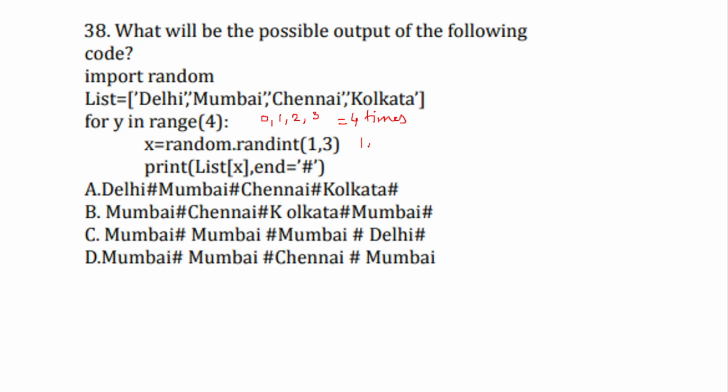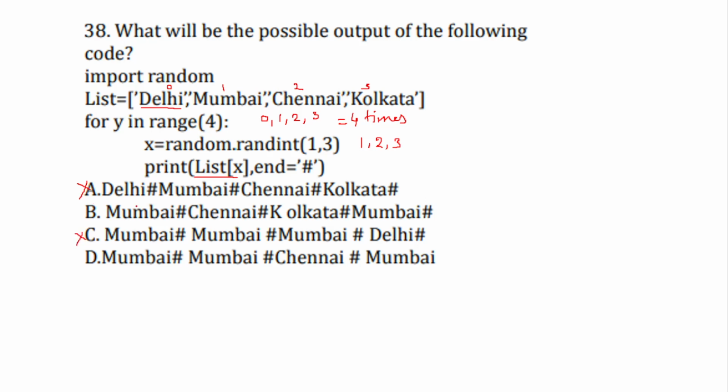So x will be taking the values 1, 2 and 3. And again, because the list is going to be printed, we will take the values as 0, 1, 2 and 3. So we can see that Delhi cannot come. Since Delhi cannot come, option number A is rejected. Option number C is also rejected.